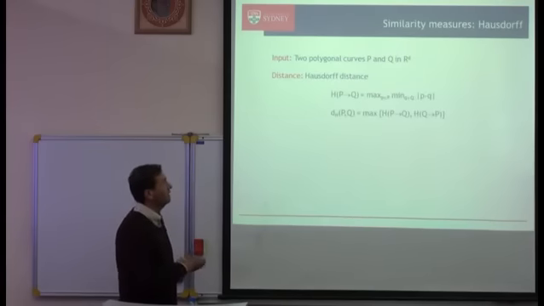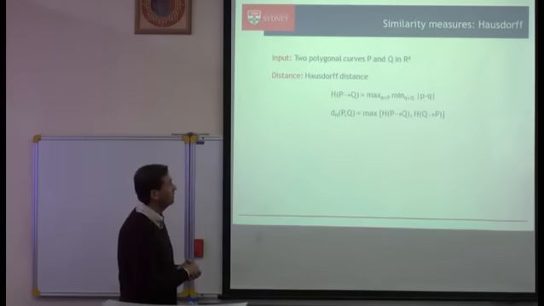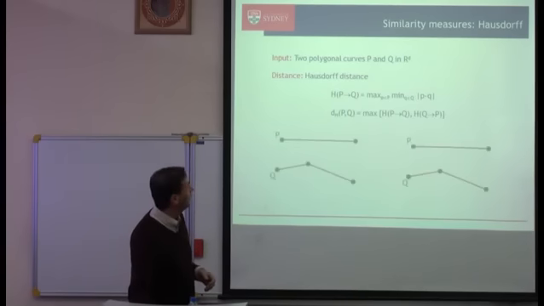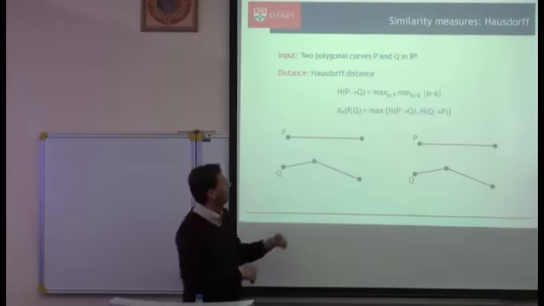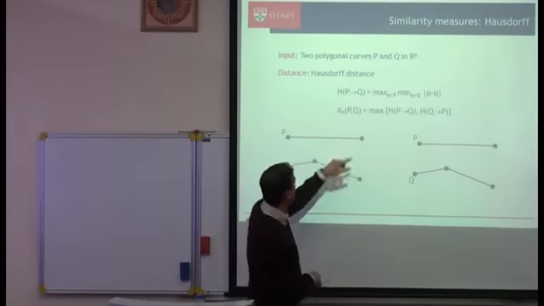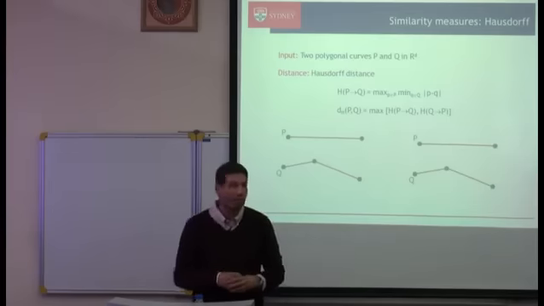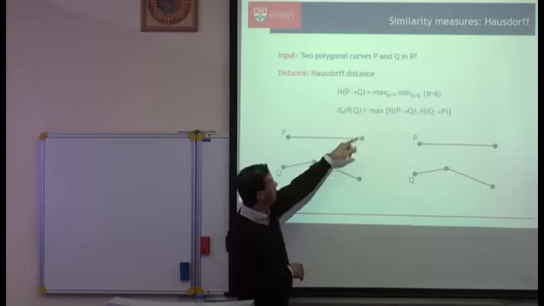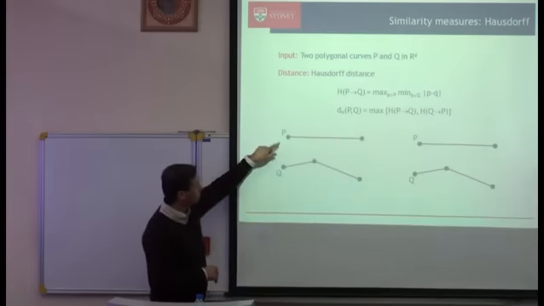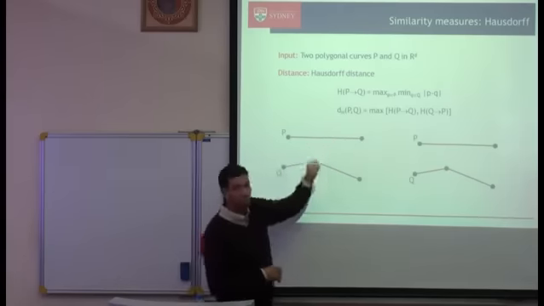The other one is the Hausdorff distance. Say we have 2 polygonal curves, P and Q. Let's define the function h of P to Q. This function says that for every point in P, we take the minimum distance to Q, and then we take the maximum over that.